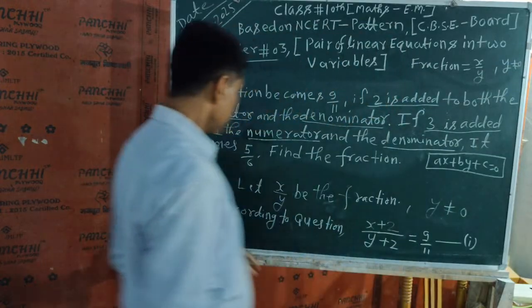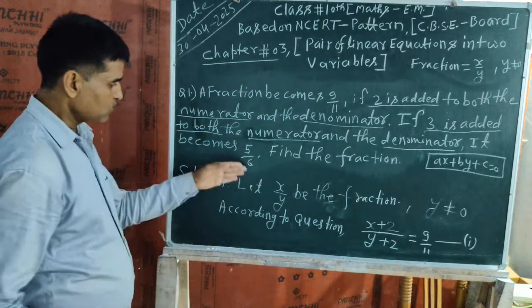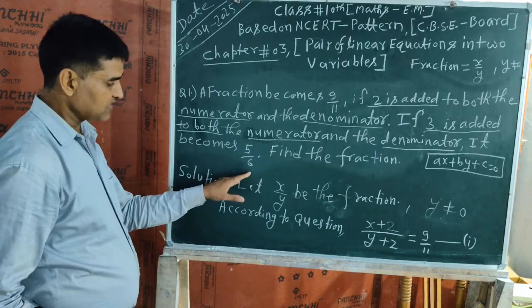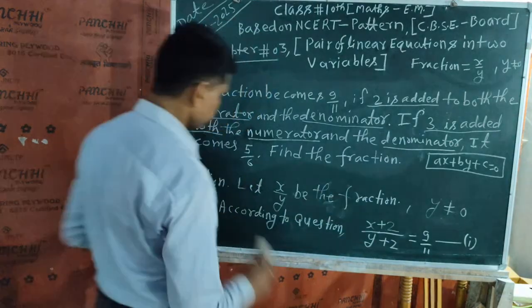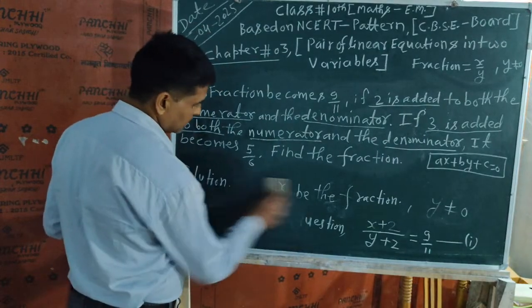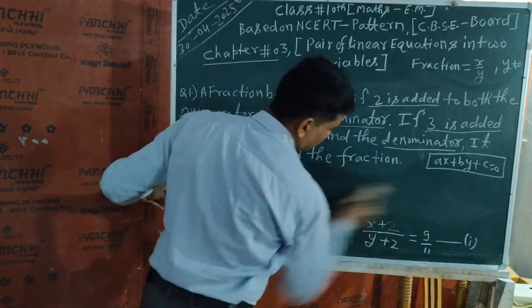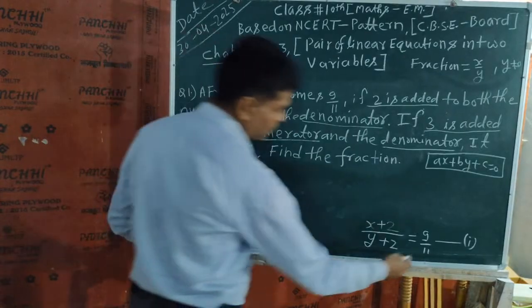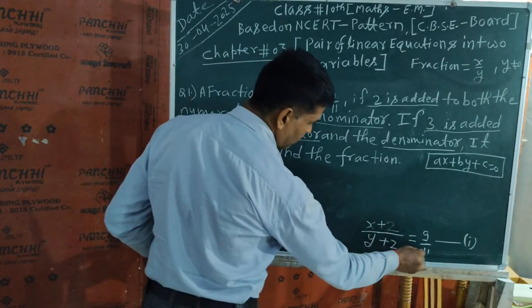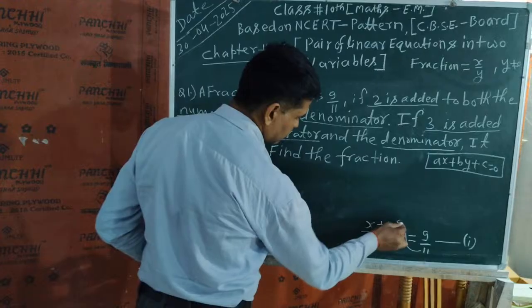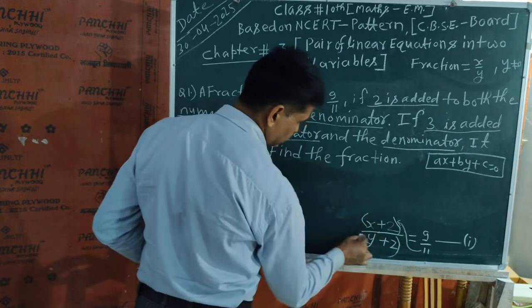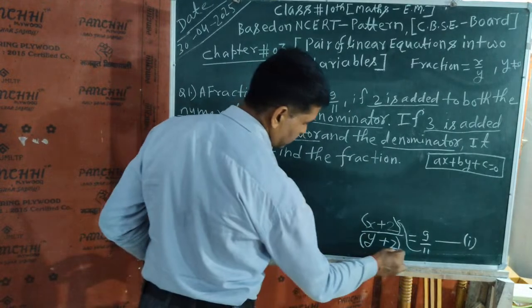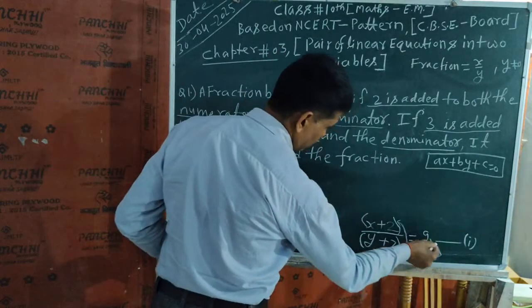Okay student, now further I am going to erase this data, and after simplification I will write the equation. Here I will multiply this bracket with 11, and this bracket I will multiply with 9.